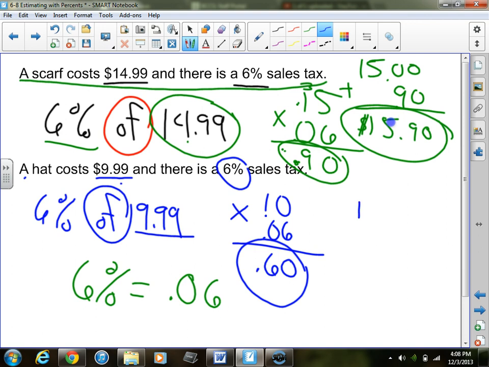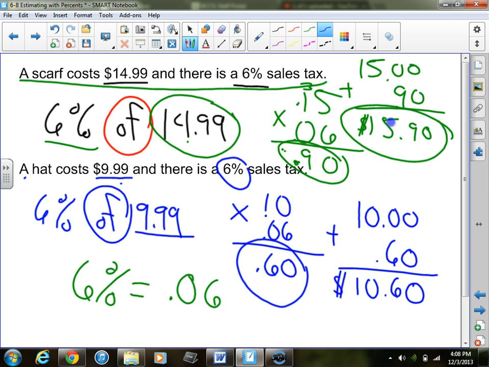Now I'm going to add it in, so $10 plus 60 cents equals $10.60. So you see right there how I took my original cost, I figured out my sales tax, and then I added it to my cost to figure out the final cost of this hat.